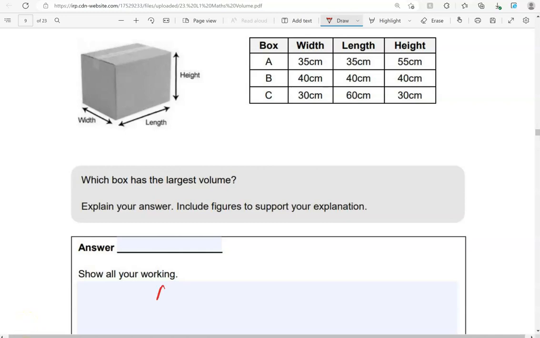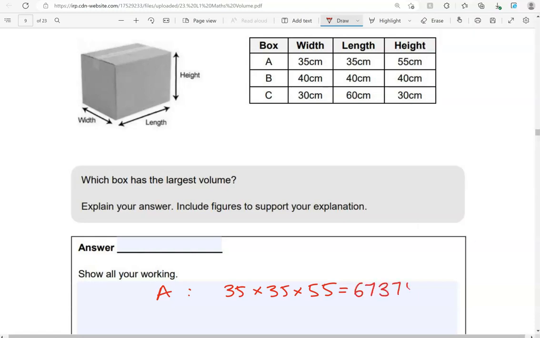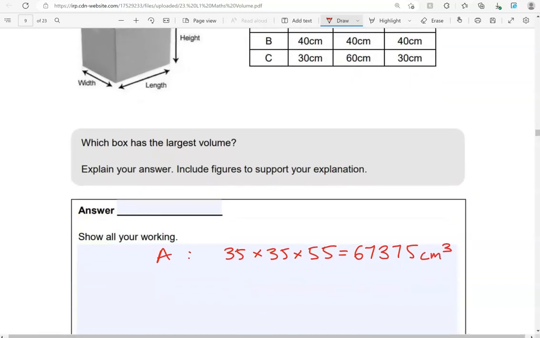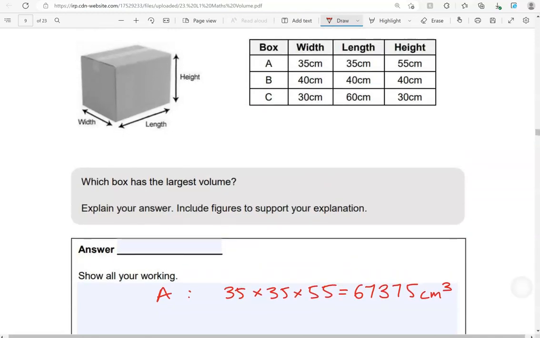So the volume of A will be 35 times 35 times 55, which is 67,375 cubic centimeters.